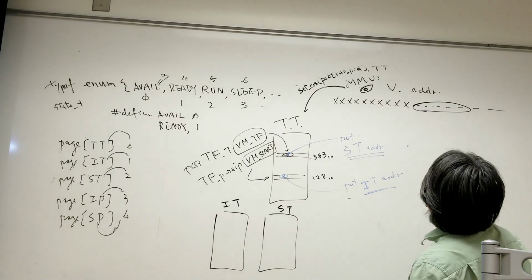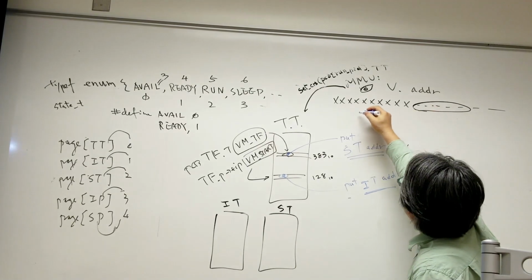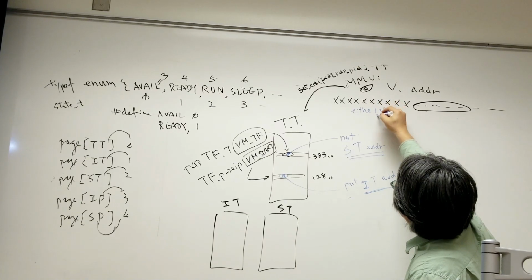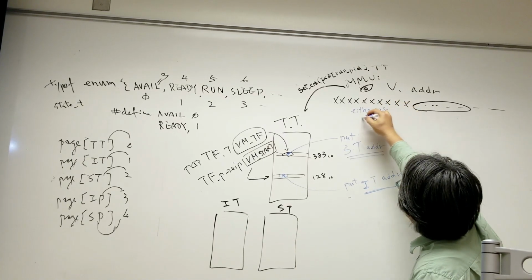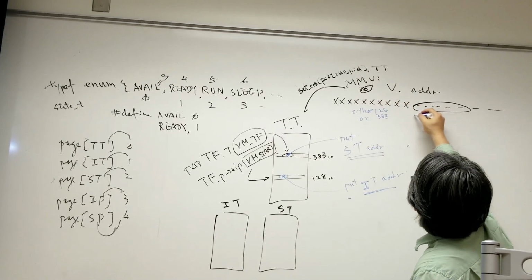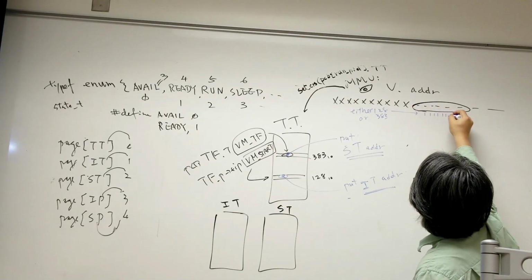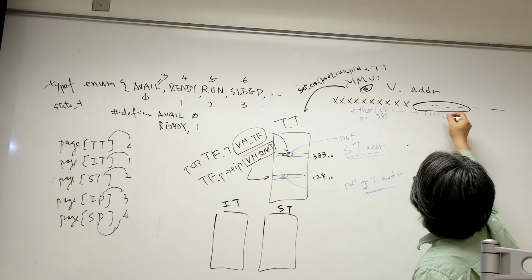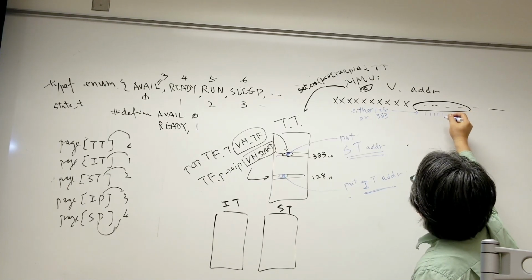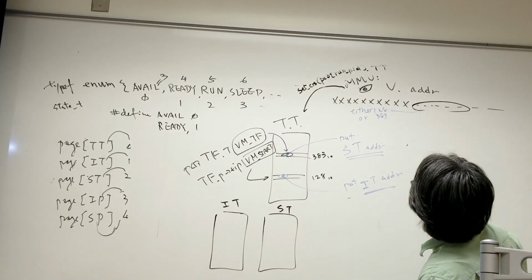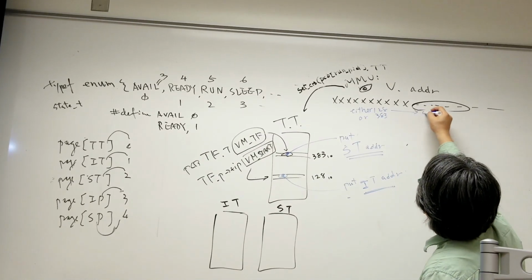In this case, it will be all ones. So here we know that it's either 128 or 383, and this one is going to be followed by all ones. And the virtual address, no, this one is going to be all zeros, sorry. 200 is all zeros.